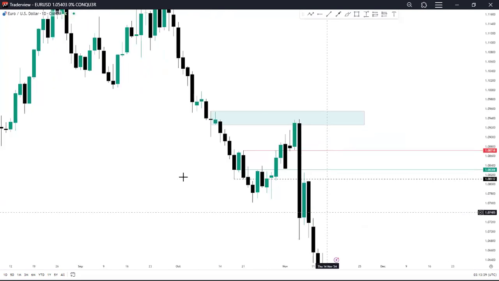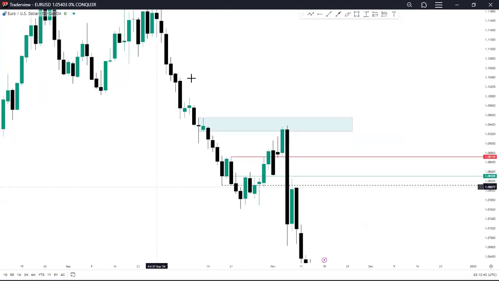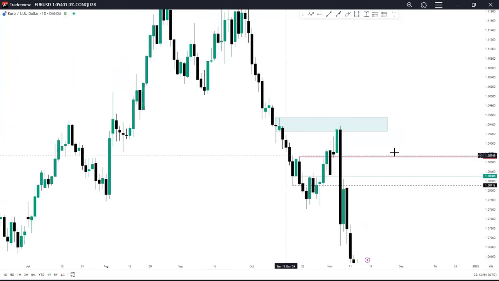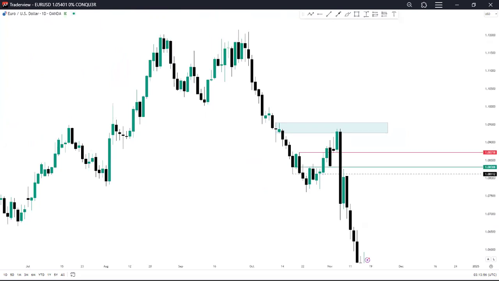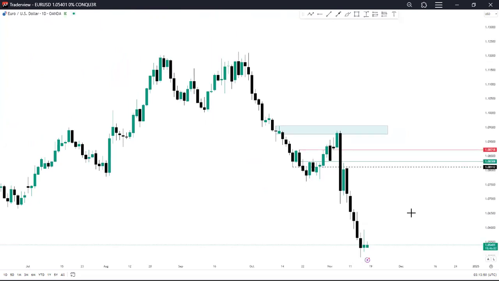And sometimes, just as the way it happened here, not every area of liquidity, after being formed and confirmed, will the market actually return to that area at that time. The market will return to that area and grab liquidity at any time.